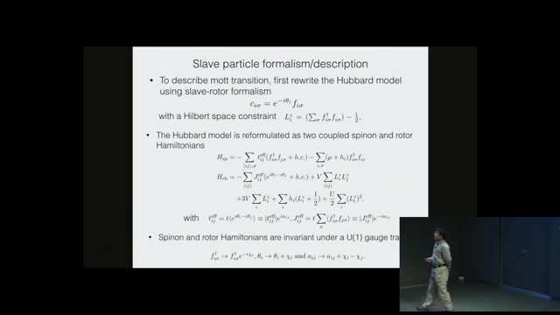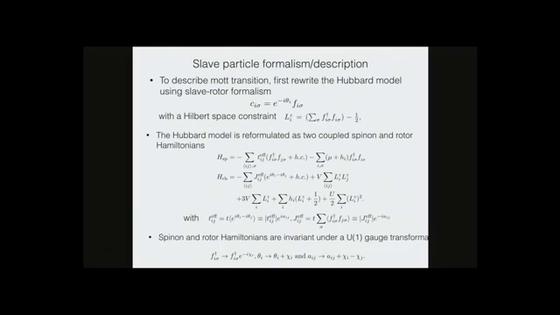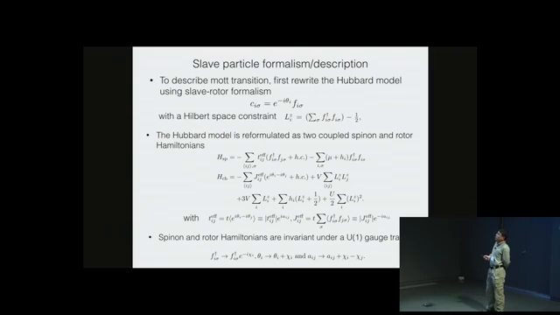Here I first try to describe the Mott transition using a slave rotor formalism. In this formalism, as I just described for the triangular lattice, I write down the electron operator as a product of a charge rotor and a fermionic spinon. Because of this description, the Hilbert space becomes enlarged, so I need to introduce this constraint.